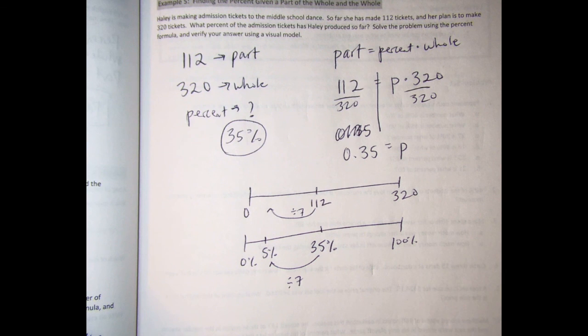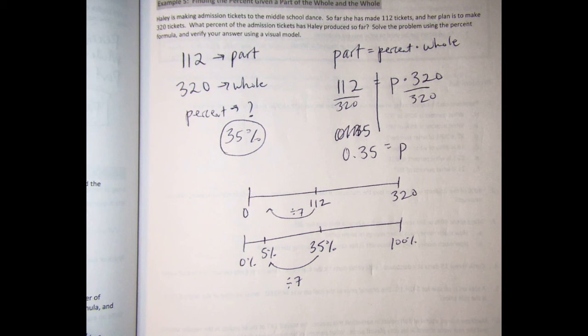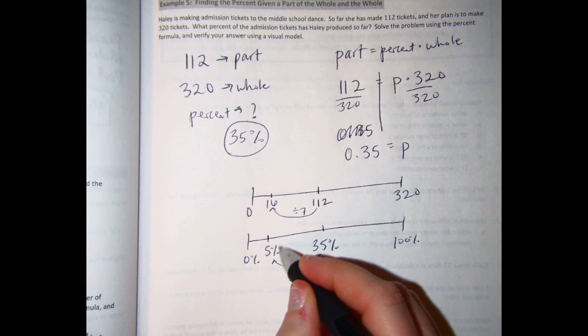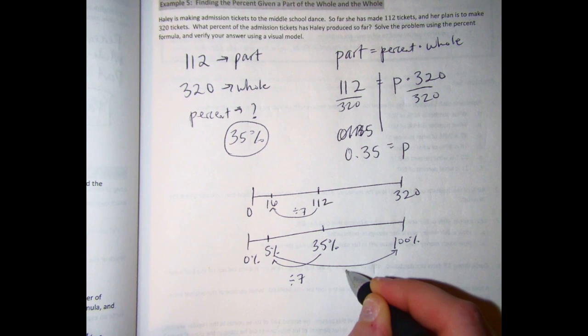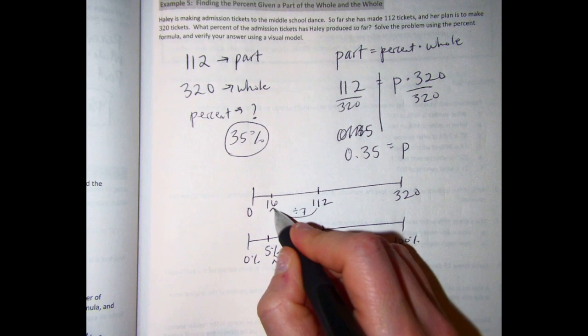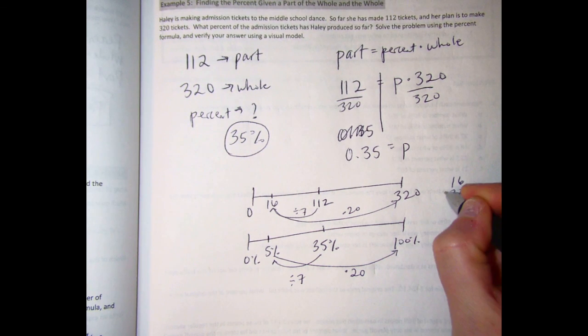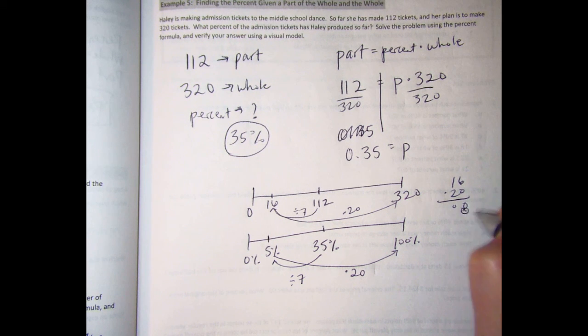And 112 divided by 7 is, handy dandy calculator, 16. And then I can go from 5% to 100%, that's times 20. 16 times 20 gets us 320.